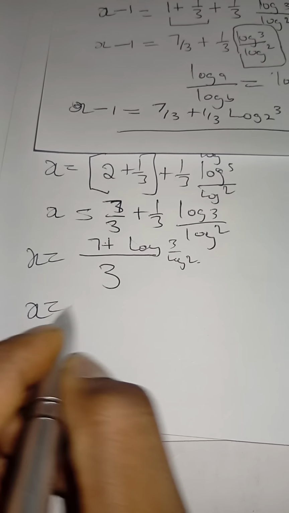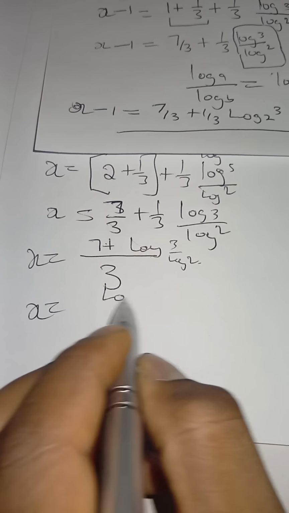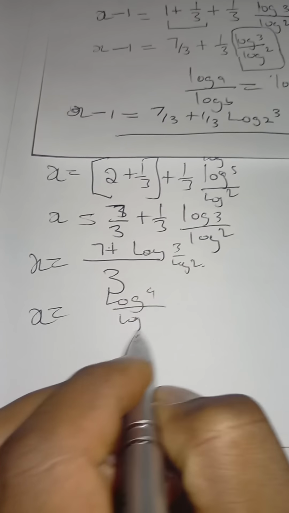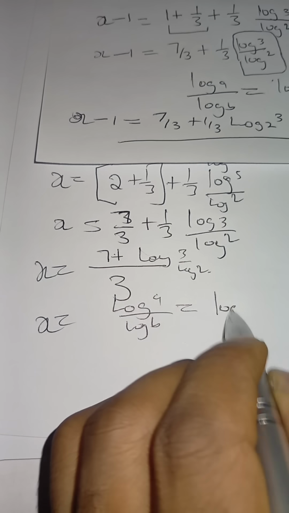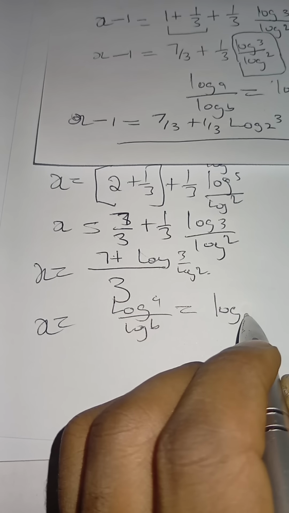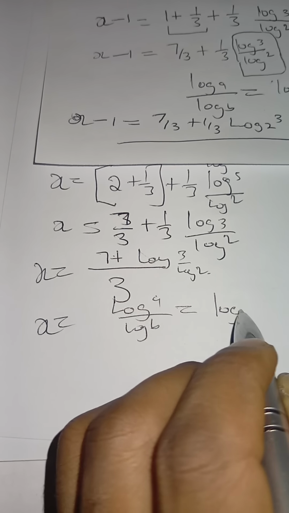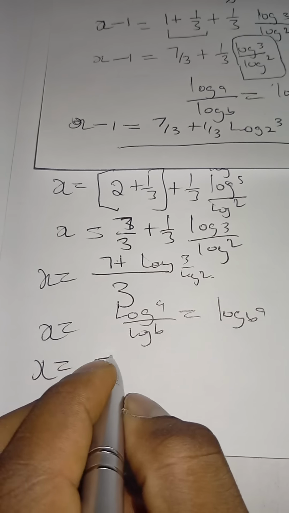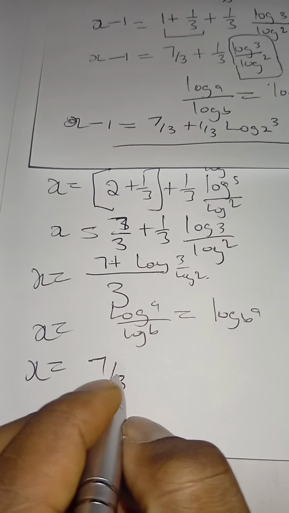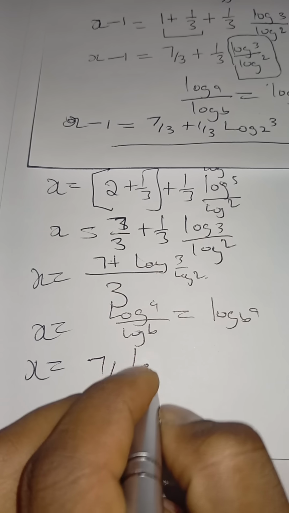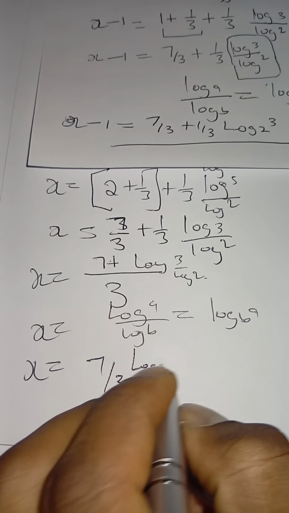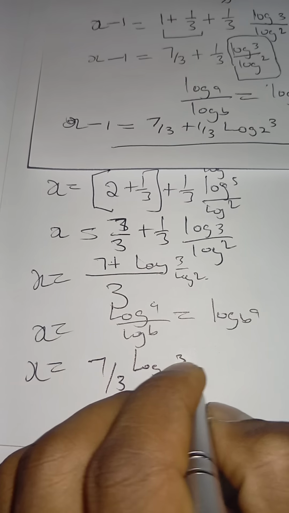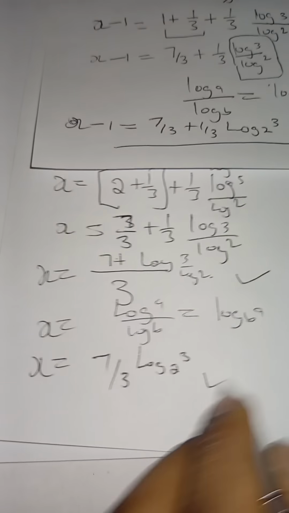Let's see what happened here. So x is equal to, log a over log b is equal to log_b a, x is equal to 7 divided by 3 plus log_2 3. This one.